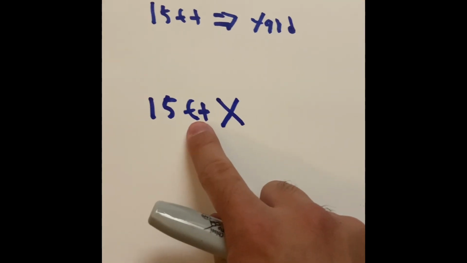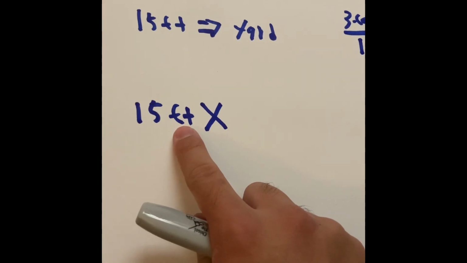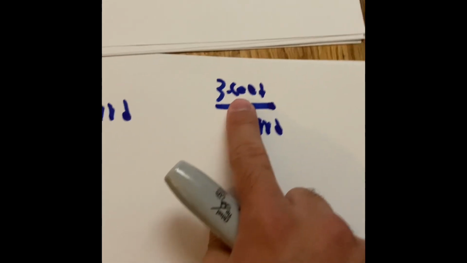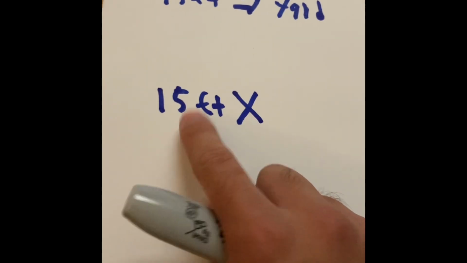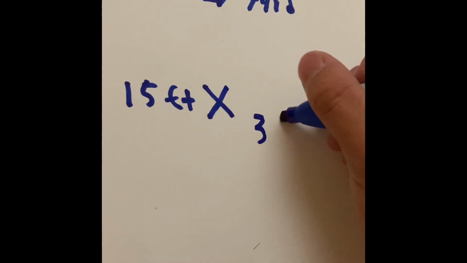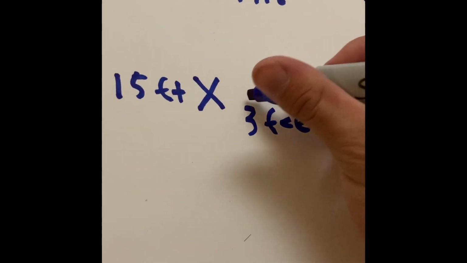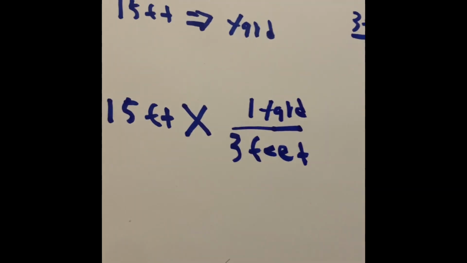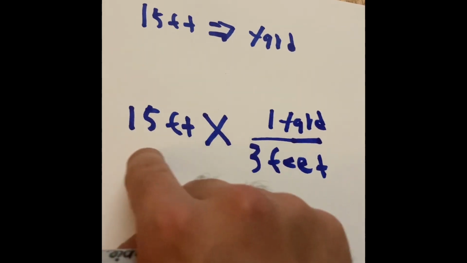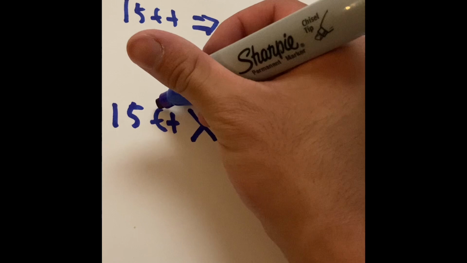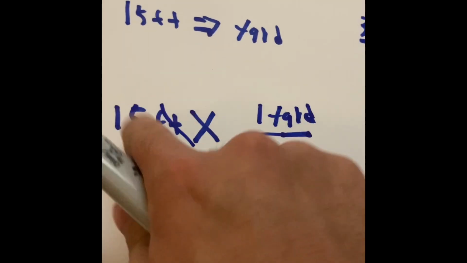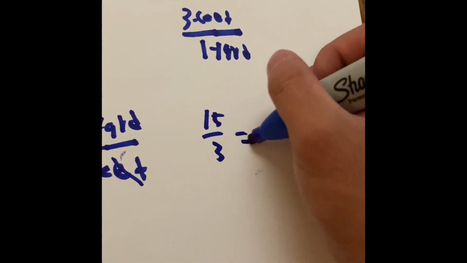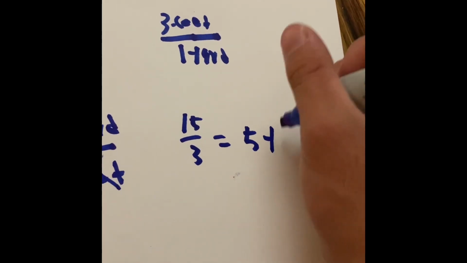If you put feet on the top, you need to put feet on the bottom so they can cancel out. So we're going to put 3 feet on the bottom, and 1 yard on the top, since that's what we're trying to find. If we cancel out the feet, 15 times 1 is 15, divided by 3 is going to equal 5 yards.